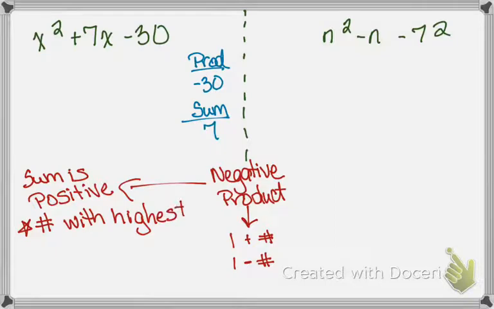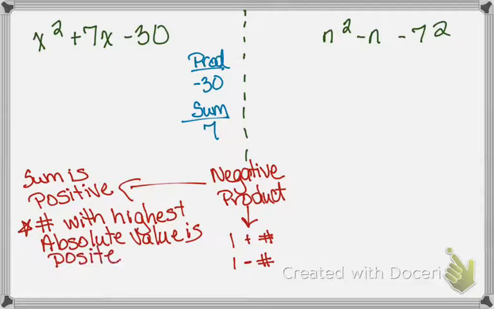Excellent. The number with the highest absolute value is positive. Now, what am I going to do with their absolute values? Am I going to add them or subtract them? I heard it. Subtract them. Okay? So I'm going to subtract absolute values.